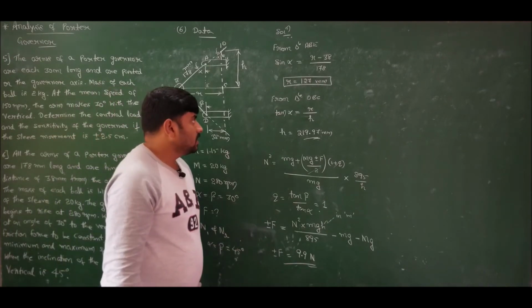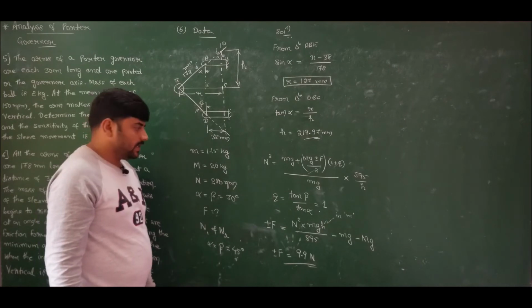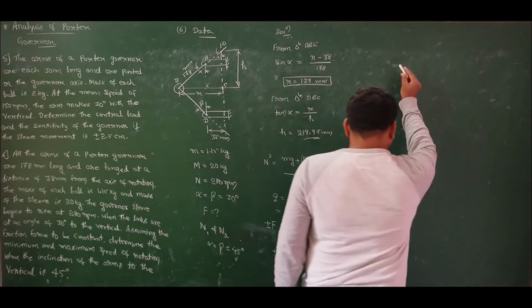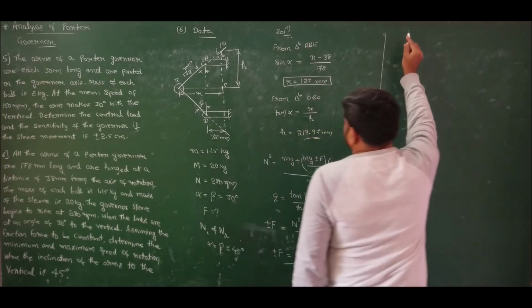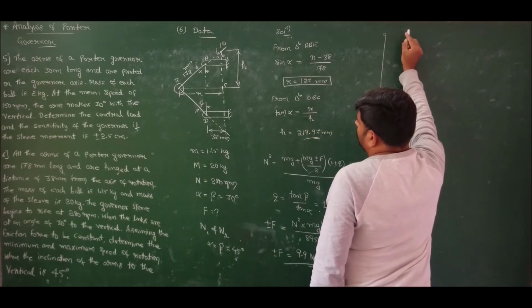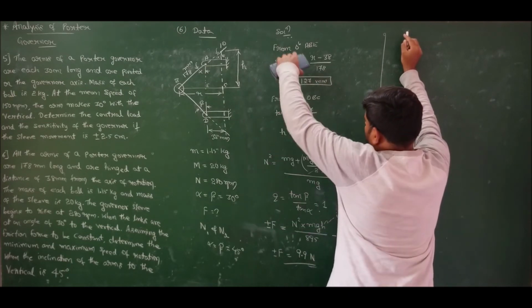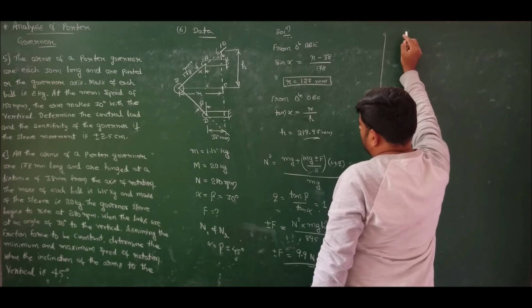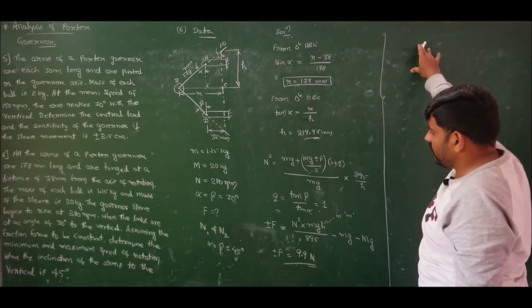Now use this to find the value of N1 and N2 when alpha and beta are equal to 45 degrees. When alpha and beta are equal to 45 degrees, I should solve to find the value of H, because H differs when alpha and beta are equal to 45 degrees.